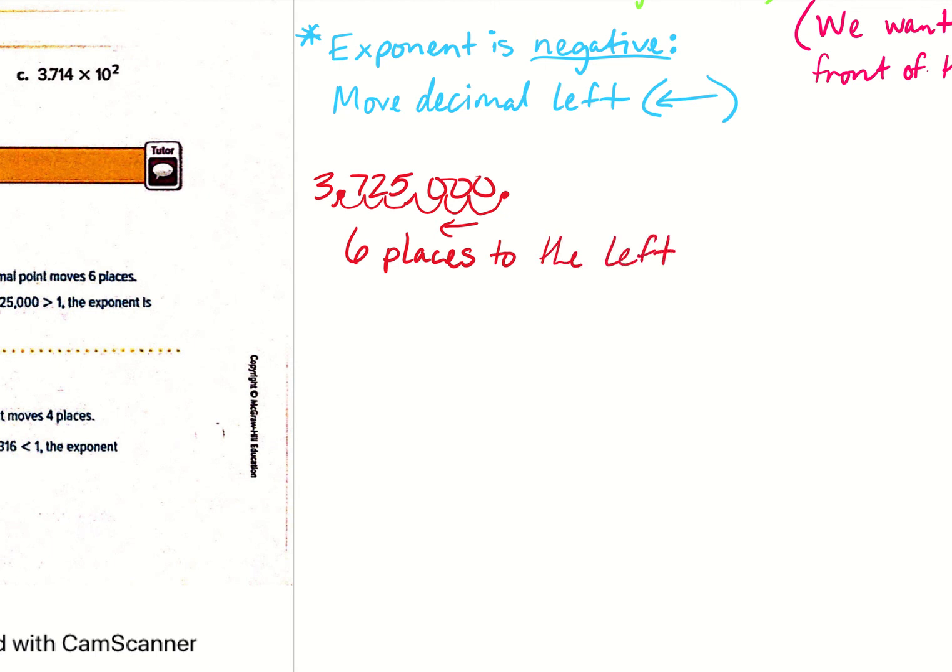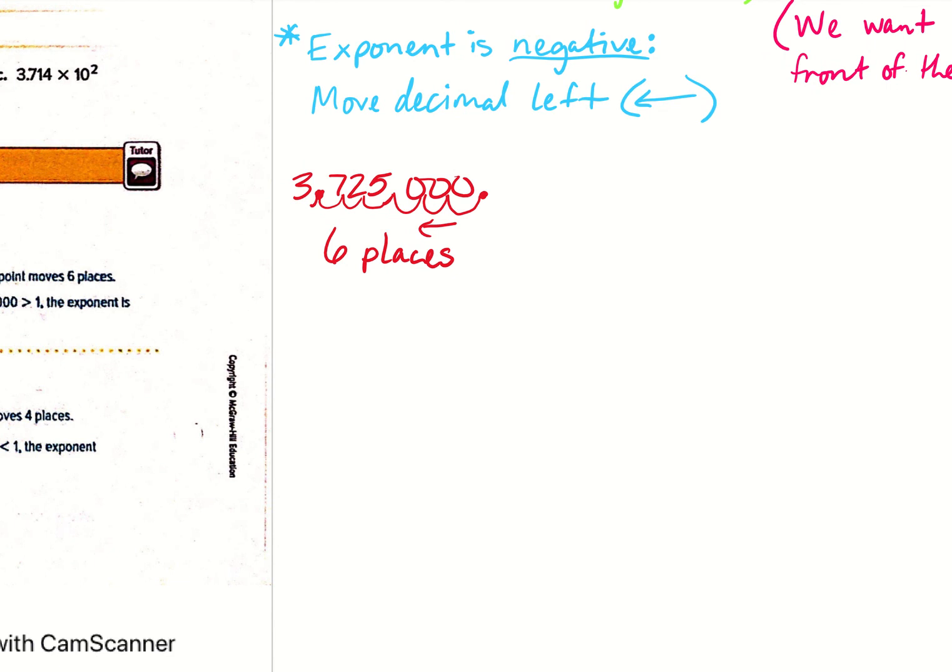All right, and actually, we're not going to keep track of whether we moved it left or right so much as we're going to look at the original number, whether it's greater than or less than 1. Since the number itself is greater than 1, this tells us that our exponent will be positive.